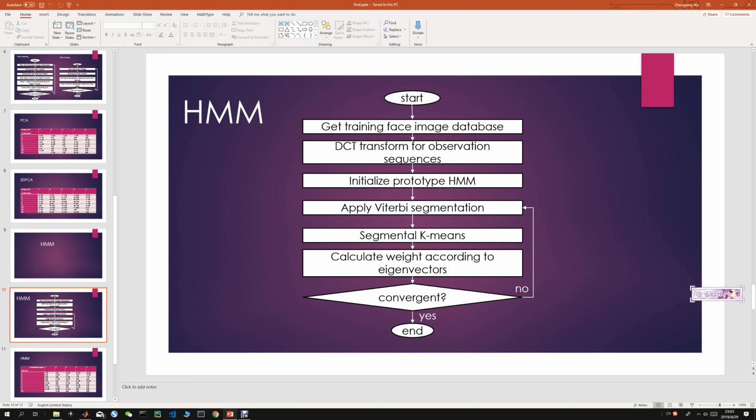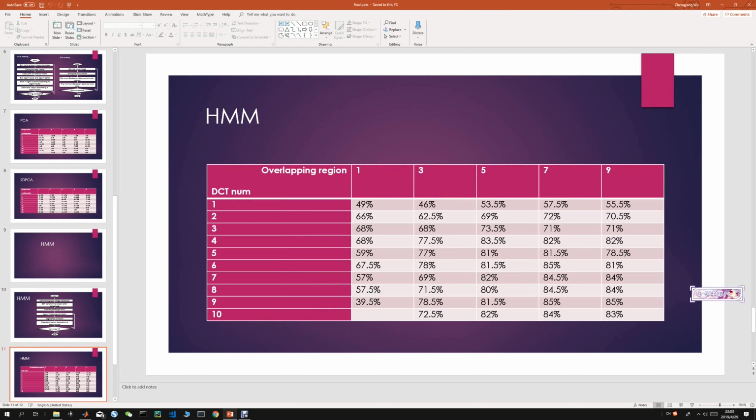Then use Viterbi segmentation to segment the images, and then we will use segmental k-means to calculate weights. If the result is convergent, we will complete the training. If not, we will go to the beginning to do the segmentation again until the result converges.